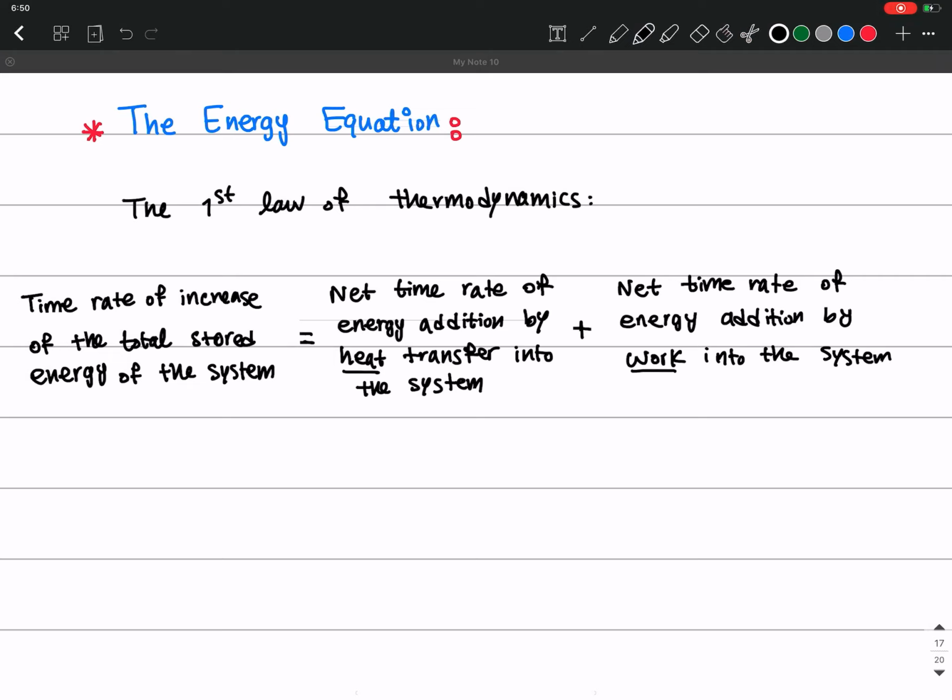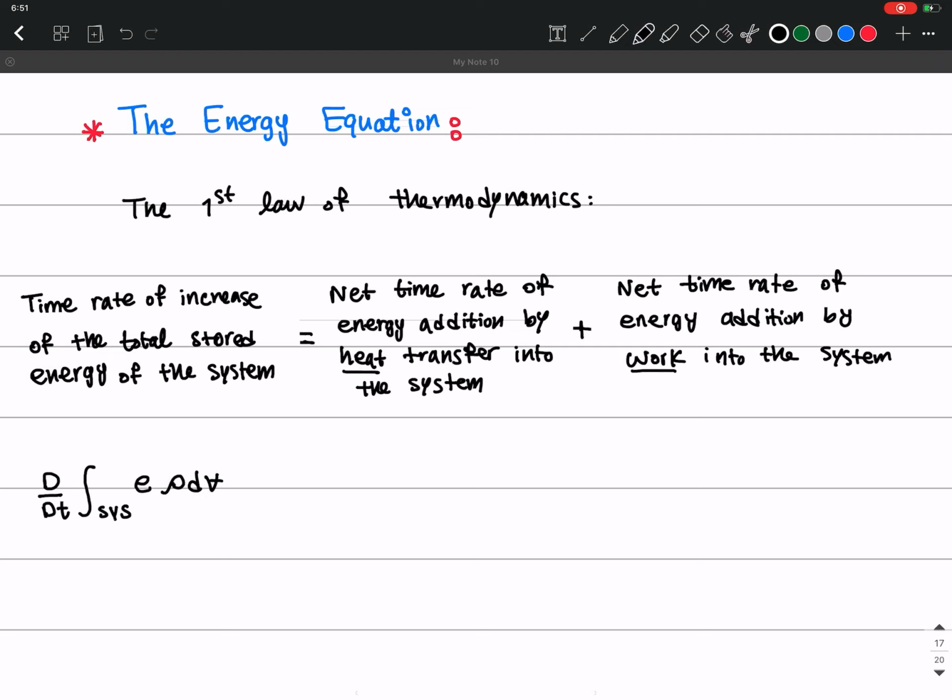Okay, now let's write this in terms of mathematical operations. We have the time rate of change of the total energy stored in the system. The time rate we show with a derivative, d over dt of the integral over the whole system of the energy per mass, which I call E, times rho dV.